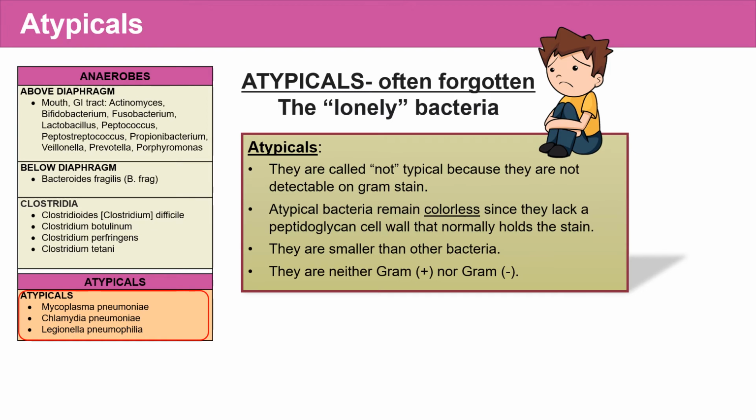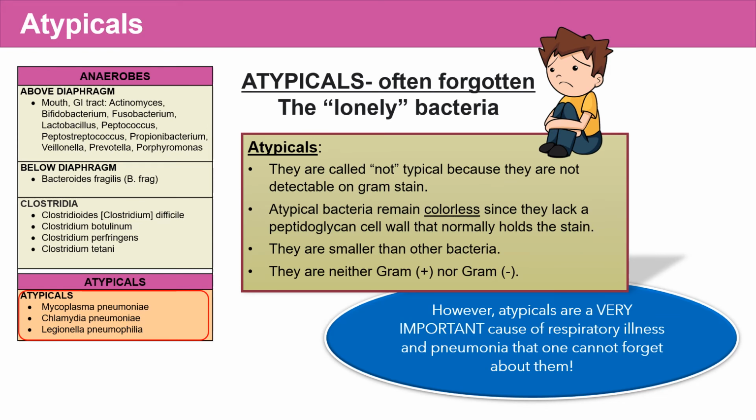Now, atypicals are called not typical because they are not detectable on gram stain. They remain colorless since they lack a peptidoglycan cell wall that normally holds the stain. They're smaller than other bacteria, and they're neither gram-positive nor gram-negative, and that's why they're often forgotten and termed the lonely bacteria.